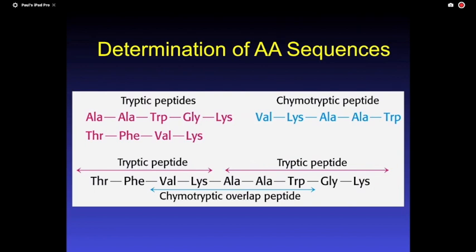That's great. But when I compare that to another enzyme that breaks peptides in a different way, you can see the overlap. The val-lys at the end of one peptide and the ala-ala-trp will match up and overlap, and you get a longer peptide.